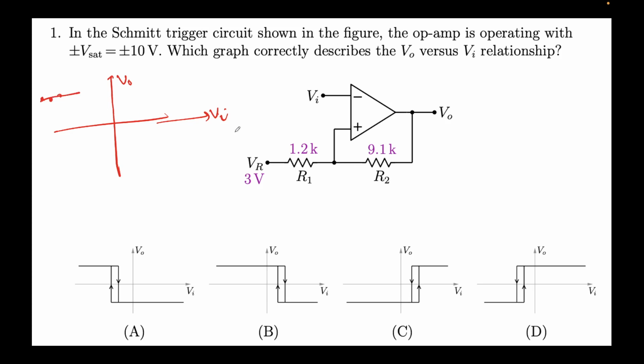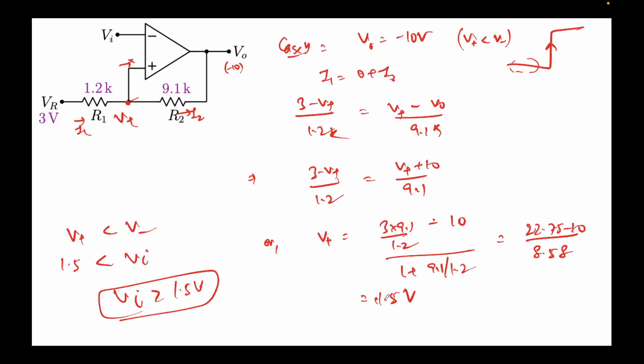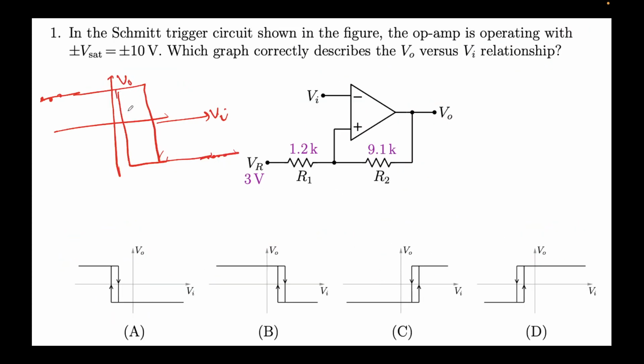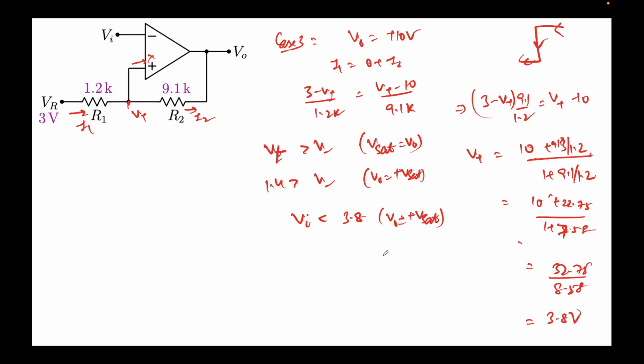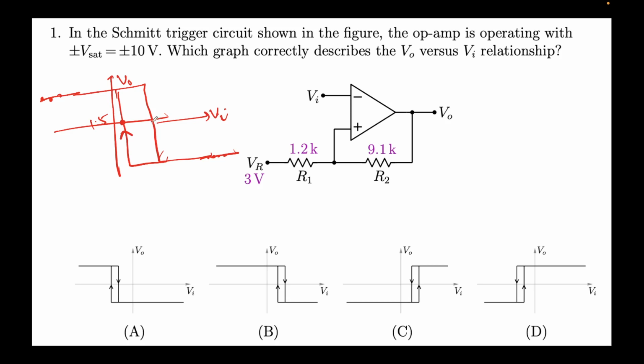For very large positive Vi, we got minus Vsat, so we are over here, right? And we saw that the two switching points were 1.5, switching up, and 3.8, switching down.